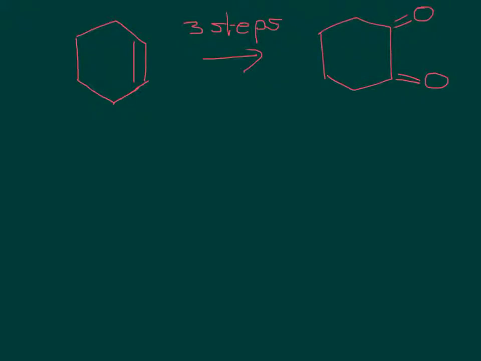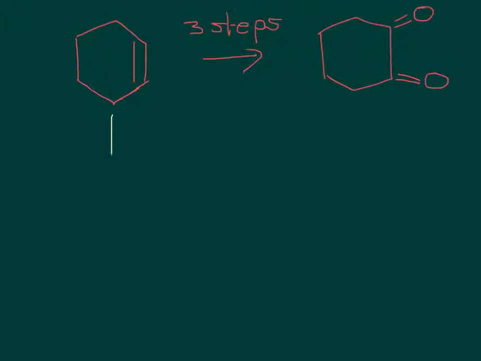Okay, so here's a final question for you. You've got to convert your cyclohexene into the molecule on the right hand side. So give it a go and then start the recording again. So how are you going to do this one? Well, the first thing you need to do is get rid of that double bond, but you need to introduce some sort of functional group into it that you can convert into a ketone.